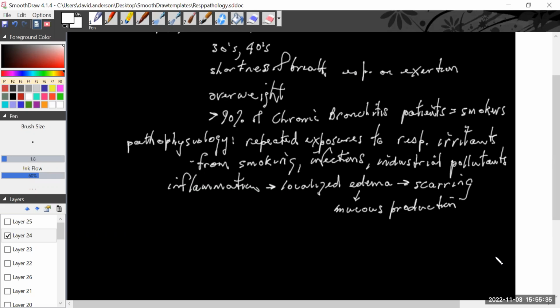But the big difference here is because of the chronic exposure to these irritants, you're going to get hypertrophy and hyperplasia.